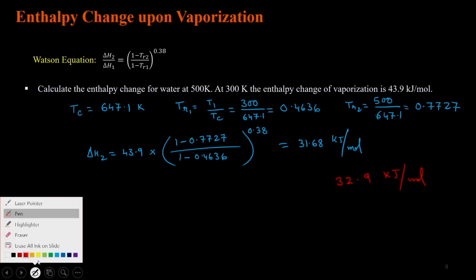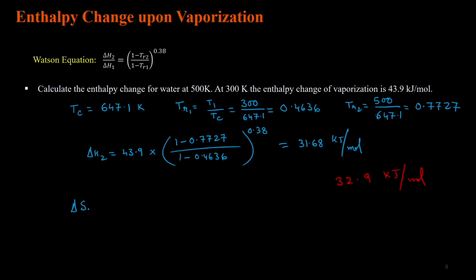And if I ask you what would be the entropy change upon vaporization at 500 Kelvin, delta S2, it turns out vaporization occurs at a constant temperature, so delta S2 has to be equal to delta H2 over T. We'll come back to this calculation later when we talk about phase equilibrium, but for now let's just say that delta S2 is delta H2 over T, and because I already have delta H2 for phase changes, I can simply divide it by the temperature at which this change occurs, so it would be 31.68 over 500.